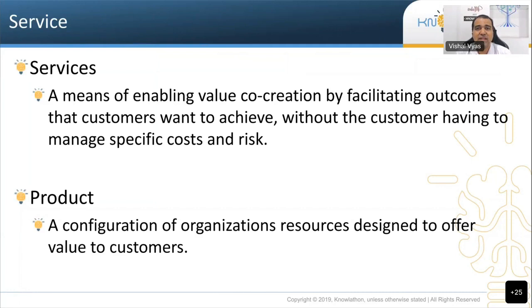Okay, guys, give me a minute here, just tweaking the video settings. Okay, am I audible now? Yes, Vishal.